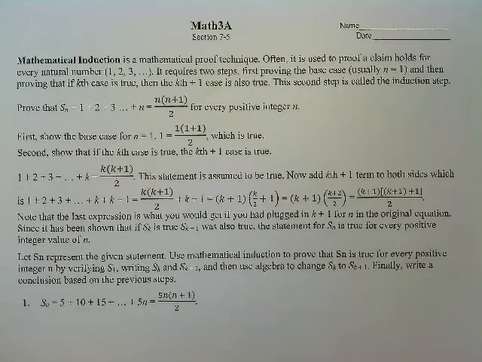And then you prove that if the kth case is true, in other words, that's an assumption that it is true, then you show that the k plus 1 case will also be true. This second step is called the induction step.